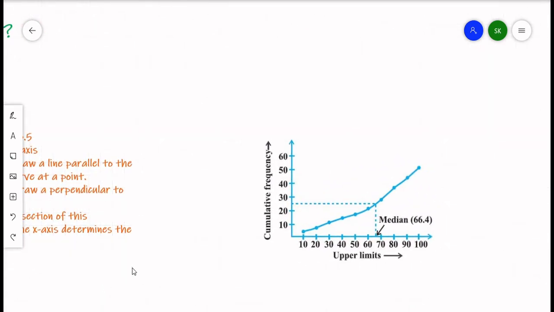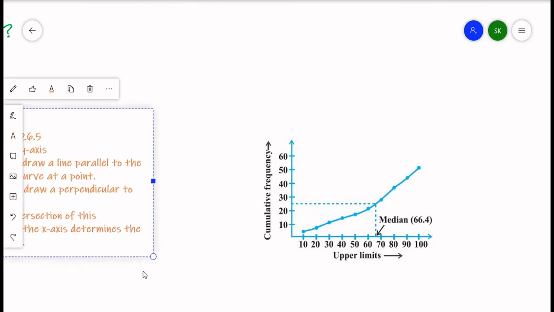You're going to get this graph, children. Can you see? It is cutting in between 60 and 70. So that will give you your median, which is approximately 66.4. So this way we learned how to find the median using the graph, using the CF curve.